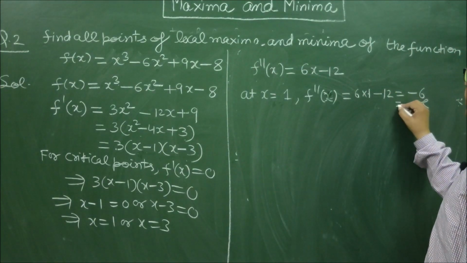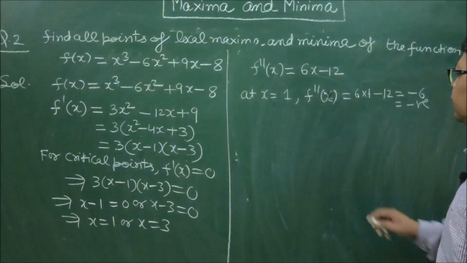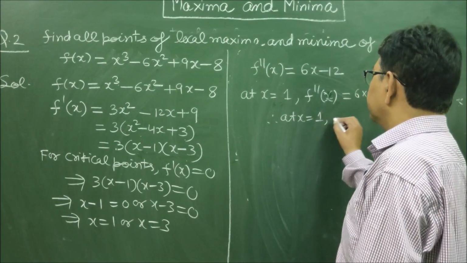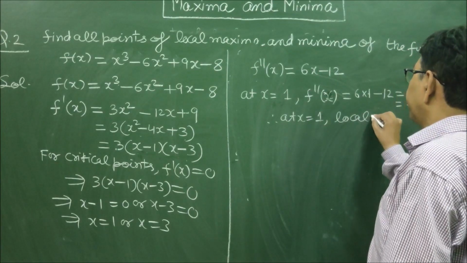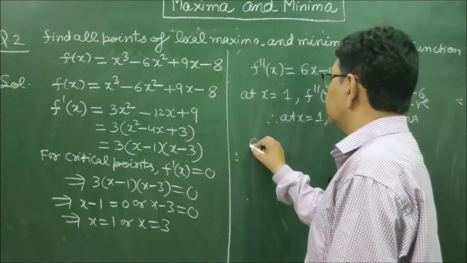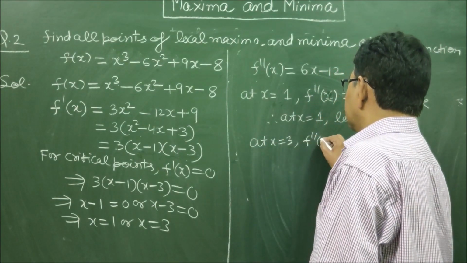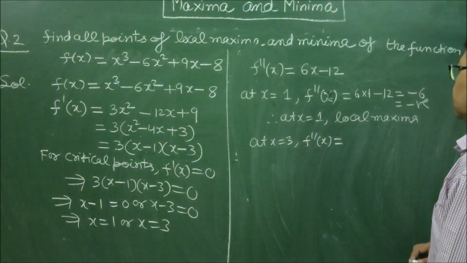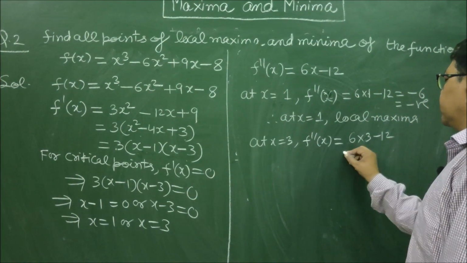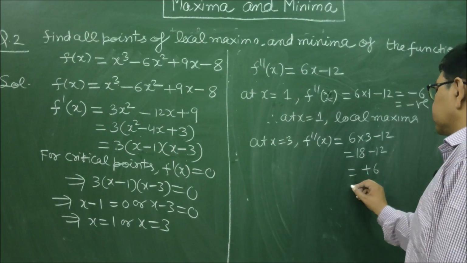So the second derivative f double dash x is negative at x is equal to 1. Therefore at x is equal to 1 the given function has local maxima. At x is equal to 3 the second derivative is 6 into 3 minus 12, which is equal to 18 minus 12 is equal to plus 6, which is positive.